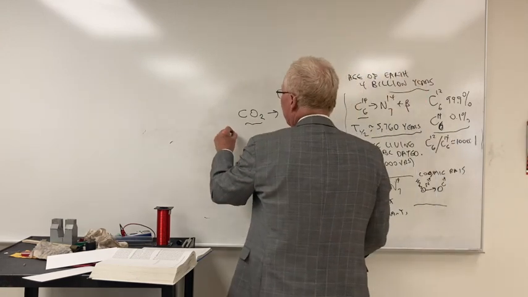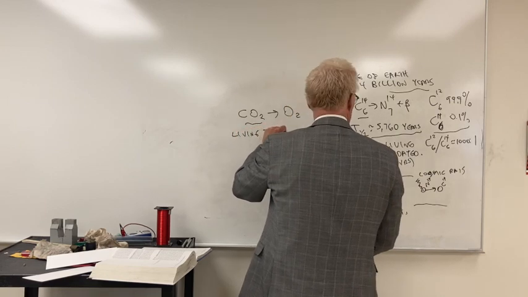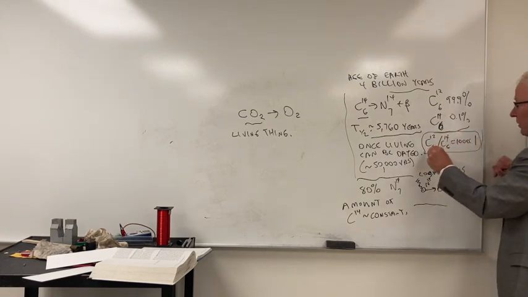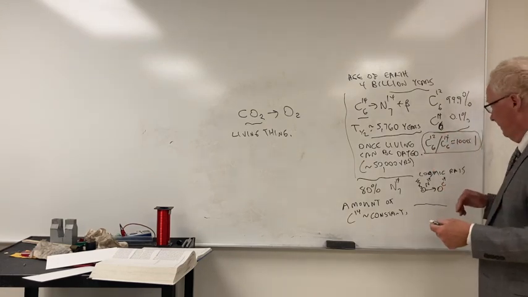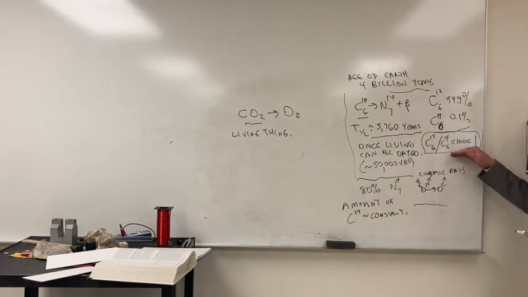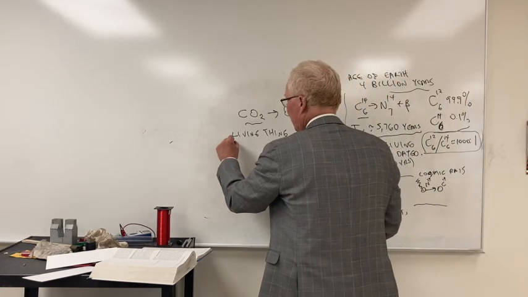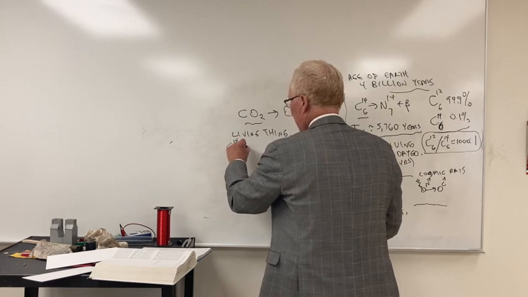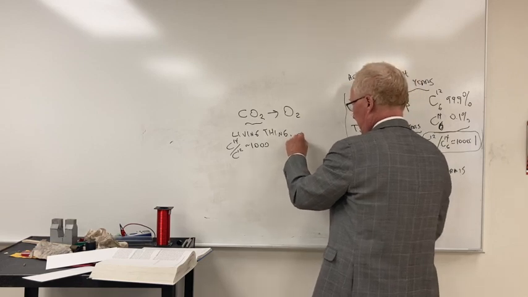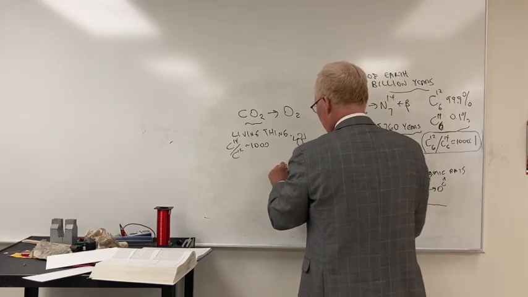So in living things the ratio is roughly 1,000 to 1 or so, whatever it is. The actual number is not important. So let's take 1,000 to 1.